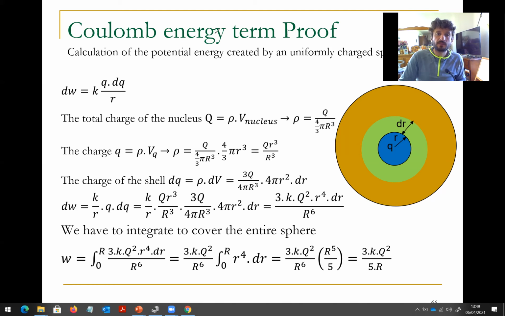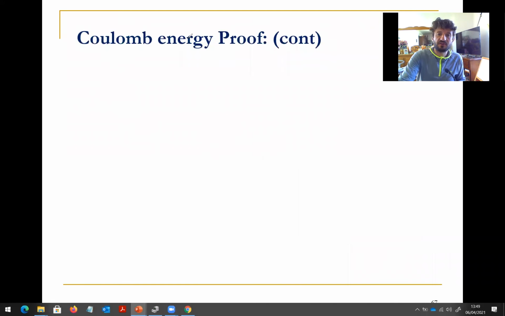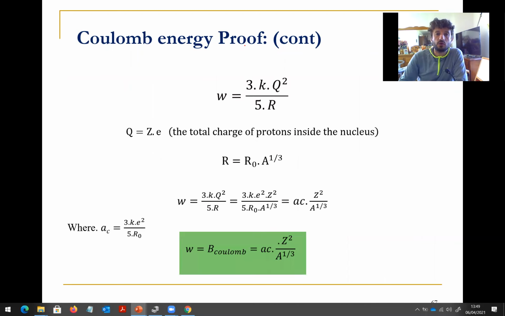Let me simplify here. The nucleus is positively charged. Inside the nucleus, we have Z protons, and the charge of each proton equals e.